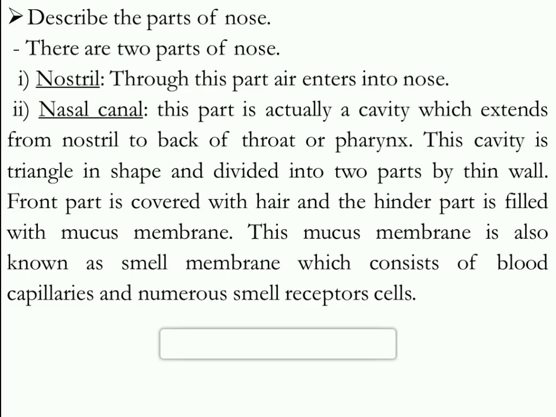Another name for the cell membrane is mucous membrane. Why is it the mucous membrane? Because there are many smell receptor cells which let you know the difference between fragrance and odor, and some blood capillaries are also present there. So that is all about the nasal canal.